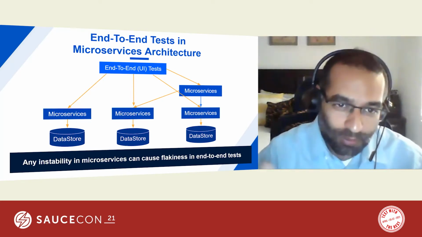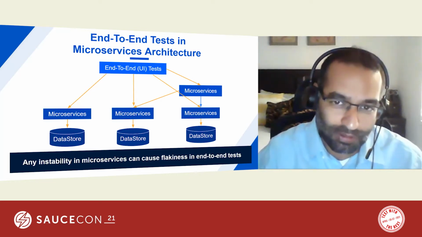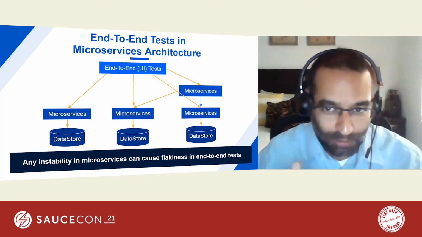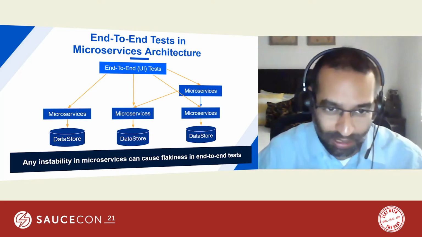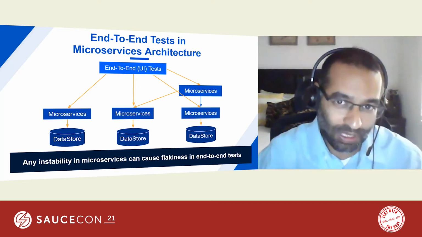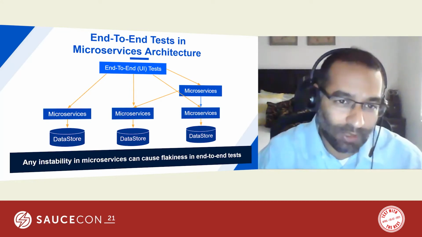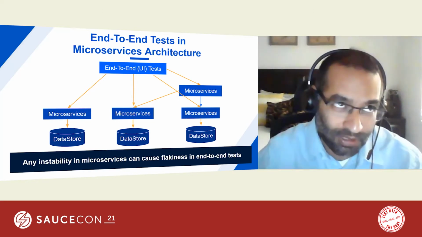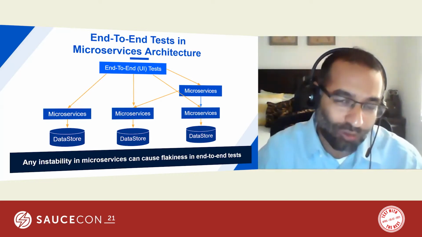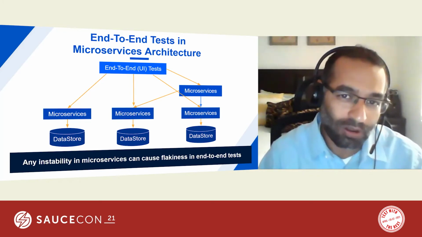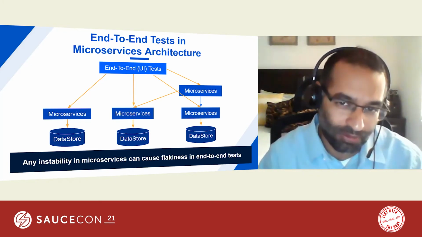So whenever you see instability in any of the microservices, it causes your test case to fail. When the microservice is stable, you have a more reliable test case. But if any of the microservices is unstable, it causes unreliable test cases. What we call here is flakiness. Sometimes your test case passes and sometimes it fails because of the dependency on underlying microservices.